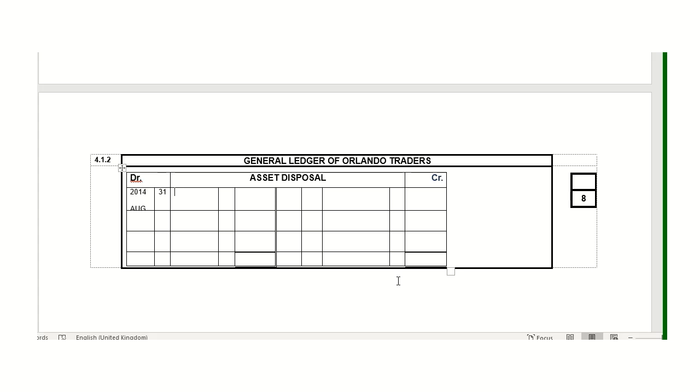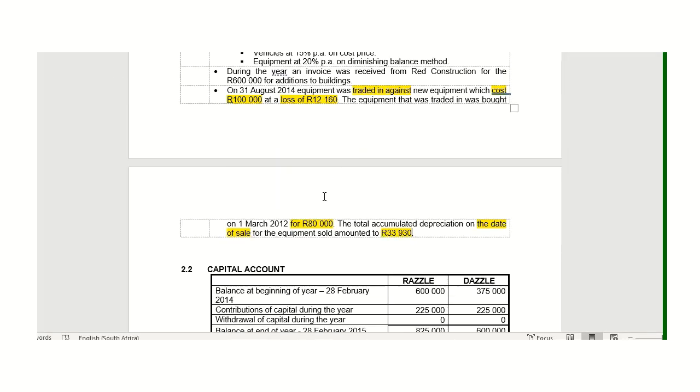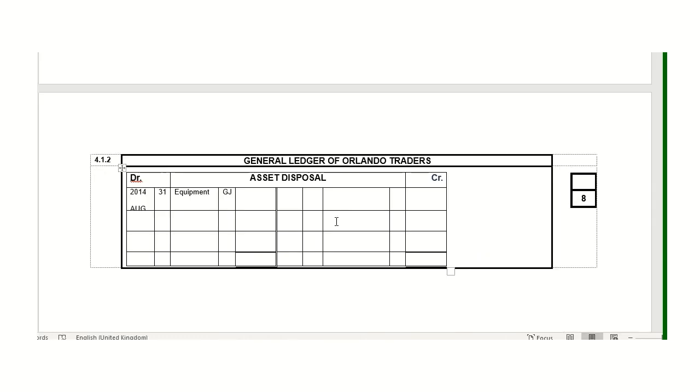Opposite account, this is now the cost for the item that we disposed of, and it was equipment. So the opposite account will be equipment. It will be on the general journal, and the amount would be the cost that we paid for that item that we're selling now. It was bought on the 1st of March 2012 for 80,000. So that was the initial cost, 80,000.